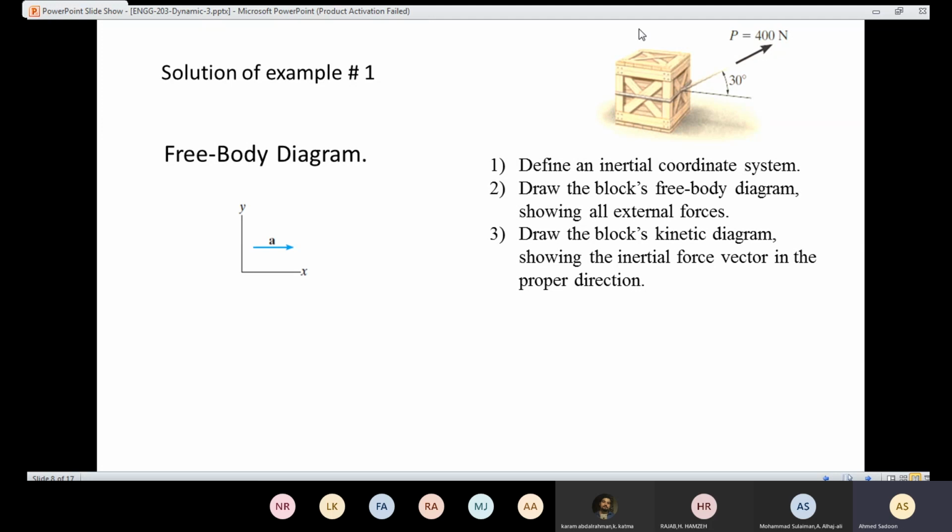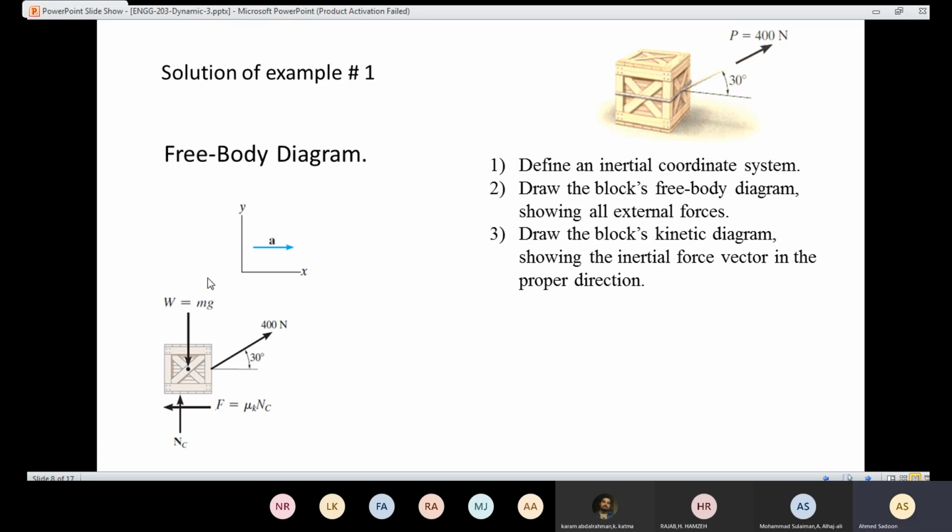We have the weight of the box acting down, and the normal force is going to be perpendicular to that surface, and we are going to have frictional forces, and we have the applied load. So we have the applied force here. We have the frictional force, mu k Nc, and here we have the normal force, and here we have the weight of the box.